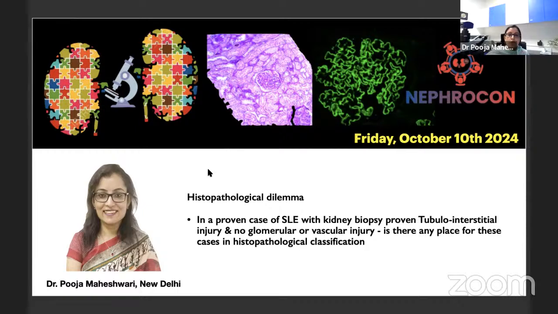So we should include that, but I also suggest that the vascular lesions should be included in the activity scores. Here, it's not included in the activity score or chronicity score. Along with the vascular lesions, we may specify that only the tubulointerstitial compartment is involved, but definitely in my practice, the cases are rare.